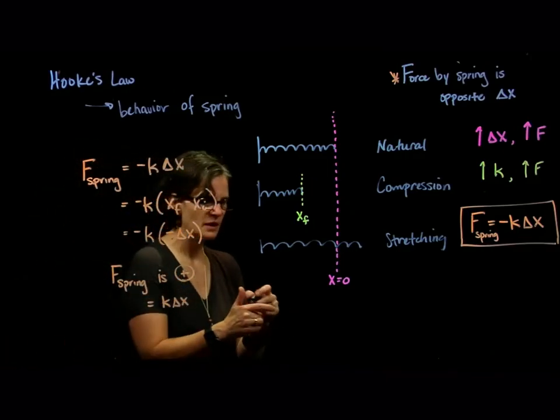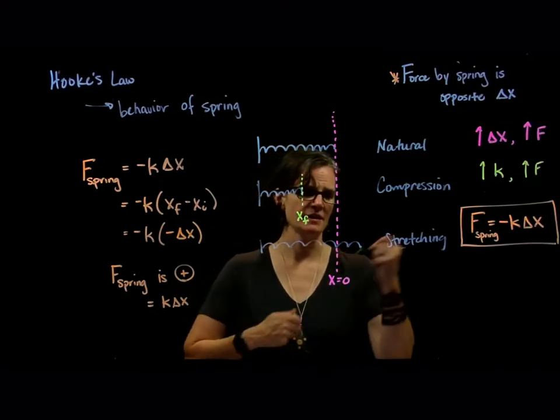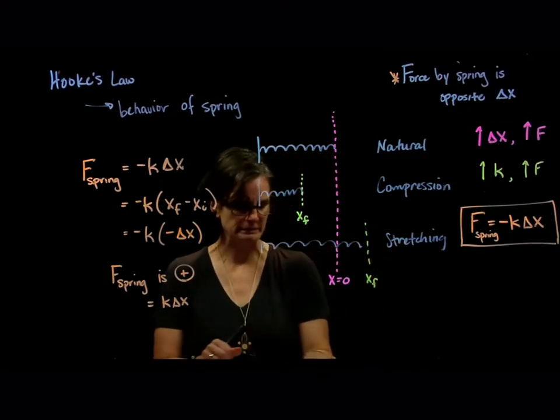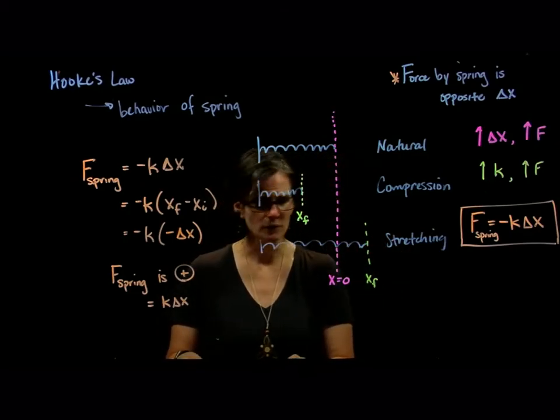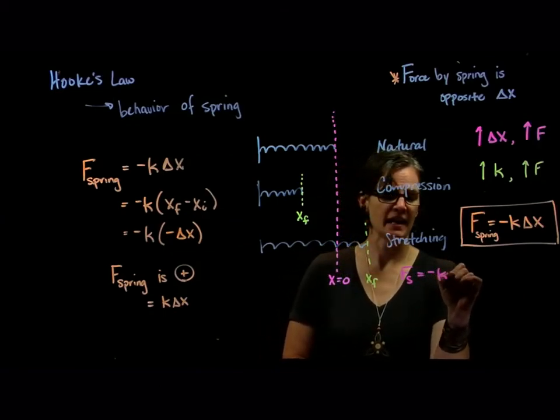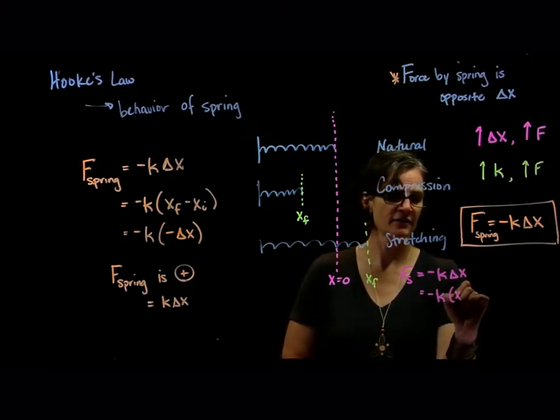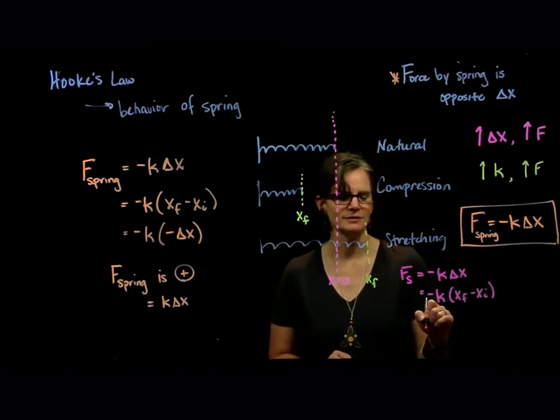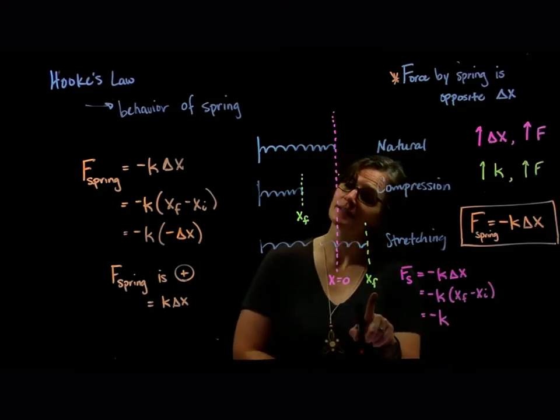Well, does the same work with stretching? In this case, there's my X final. Oops, I'll stretch that spring a little bit more. So the force of the spring is equal to minus K delta X, minus K times X final minus X initial. Our delta X never changes, right? It's X final minus X initial. In this case, X final is positive.